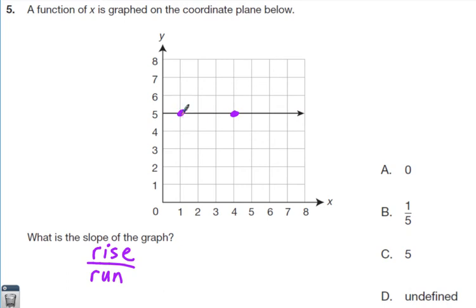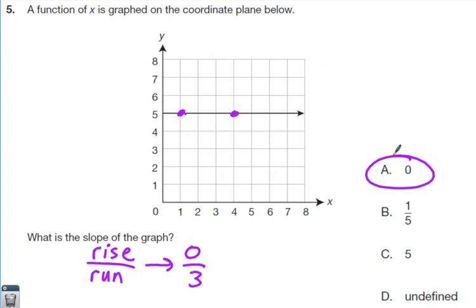There wouldn't be any rise. And we would run 3. So if I literally plugged in something for my rise and run, I'd get 0, up 0, right 3. And what's 0 divided by 3? Well, 0. So it's A.